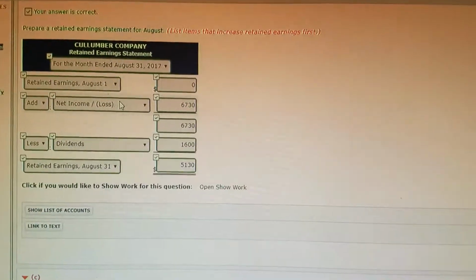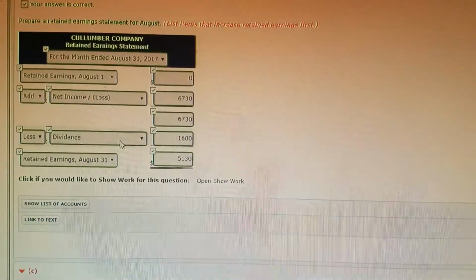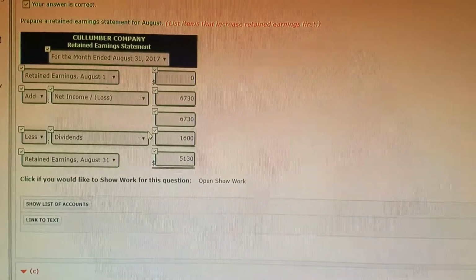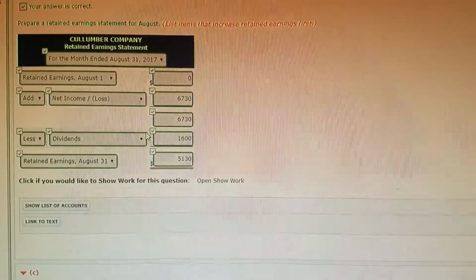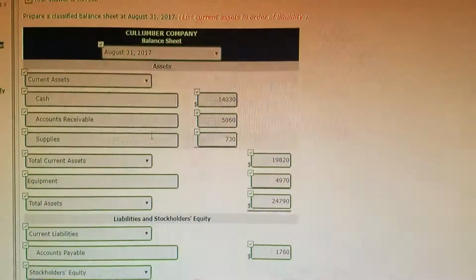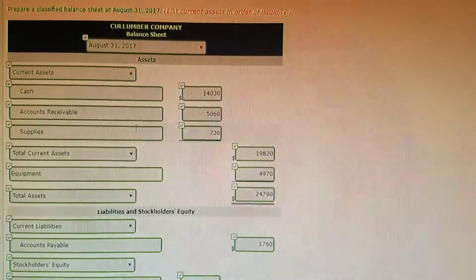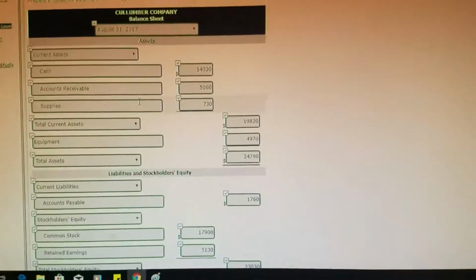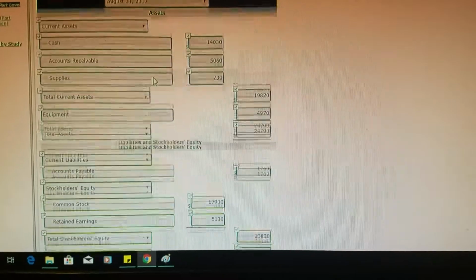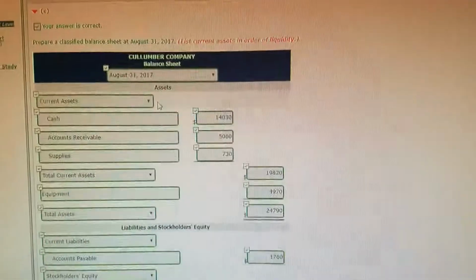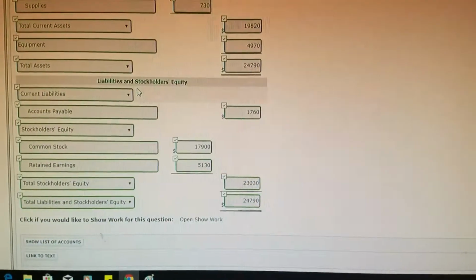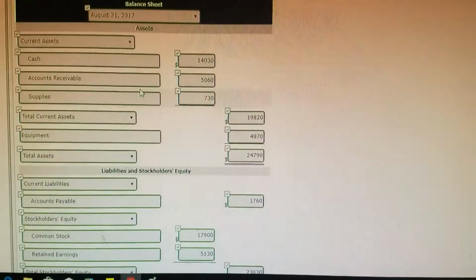So, having the retained earnings up to date, we move to the balance sheet, which is the last financial statement and the screenshot of our company. We can see by our balance sheet how well a company is doing.